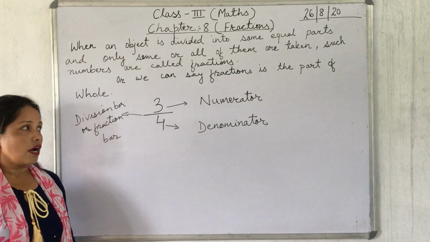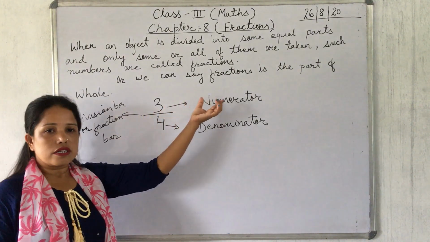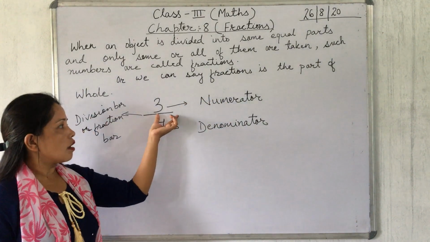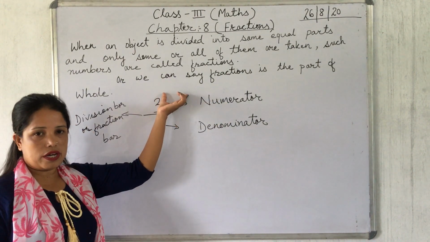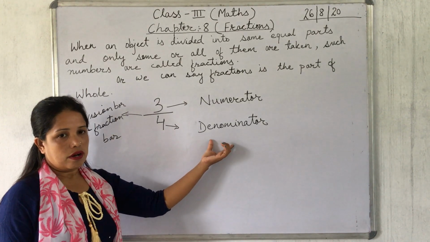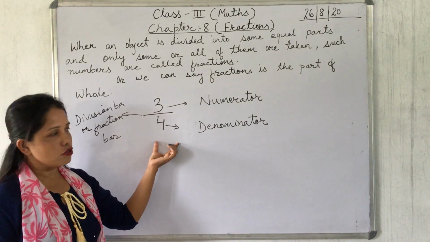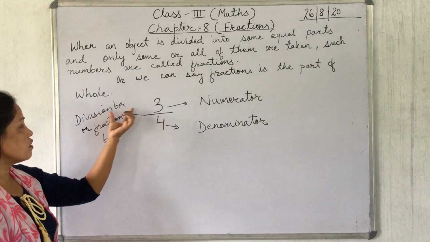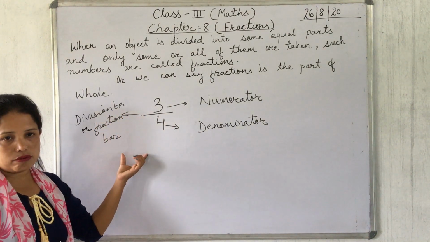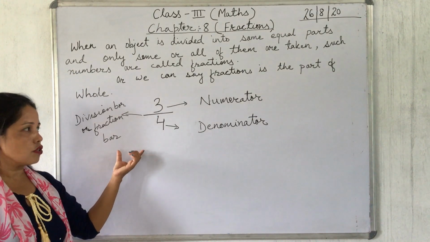Understood, children? Again, now look here. This 3 is called the numerator because it is above this bar. The number 4 is called the denominator because it is below the bar. And this line is called a division bar or a fraction bar. Is that clear, children?